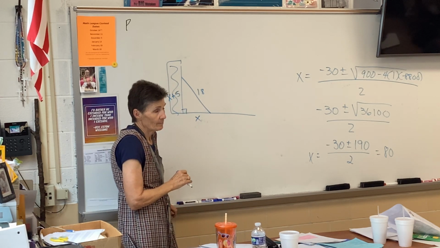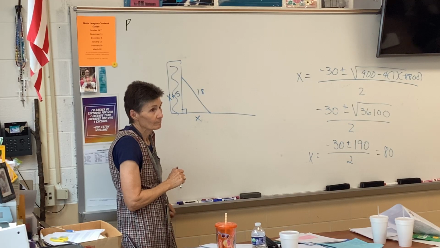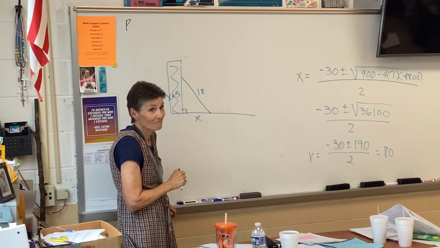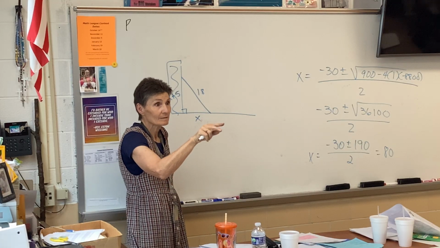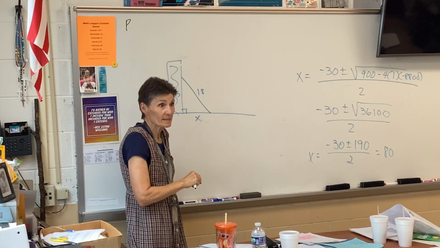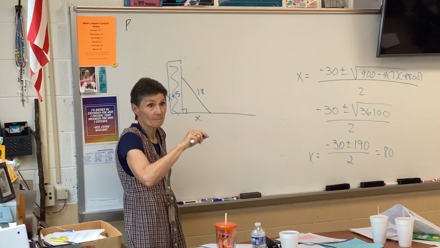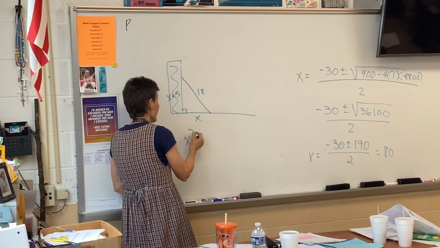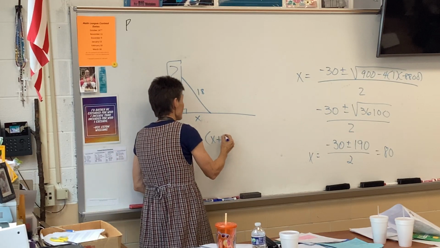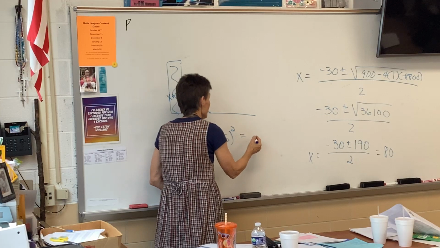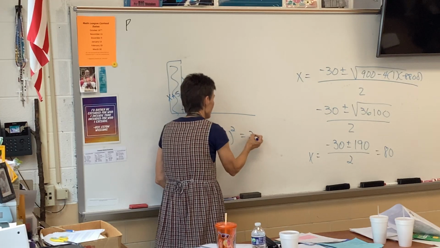Now what? The Pythagorean theorem. So x squared plus (x plus 5) squared equals 18 squared.